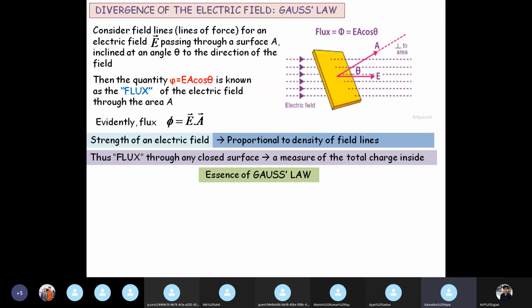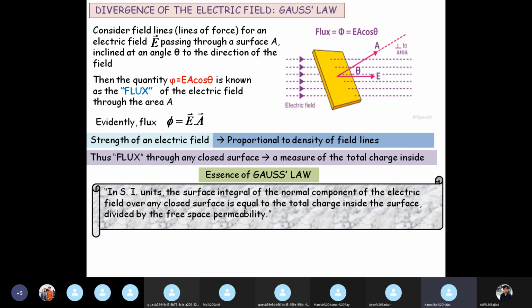Okay. So let us first write down Gauss's law exactly. If you are asked to write down Gauss's law in the examination, this is what you will write down. This is the language that you are required to write down.